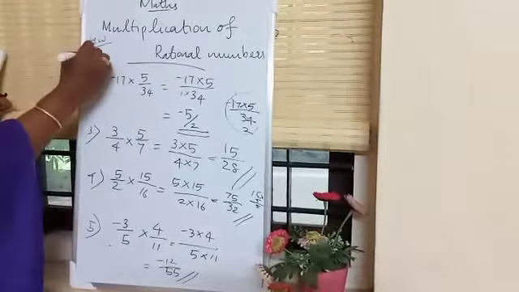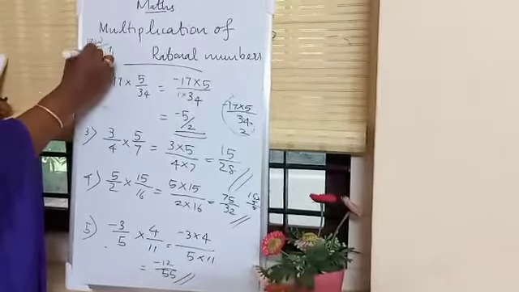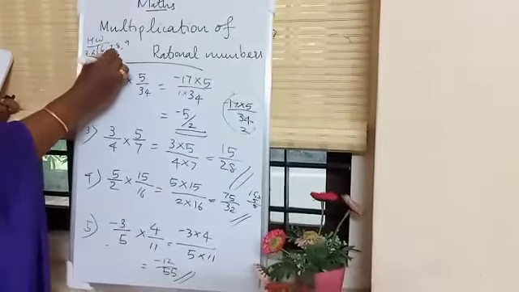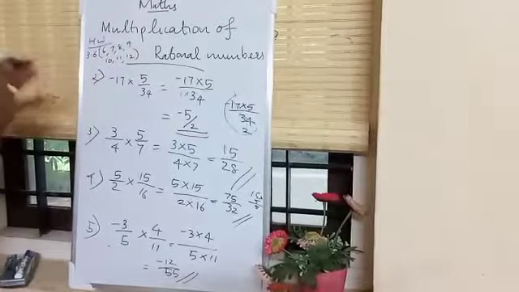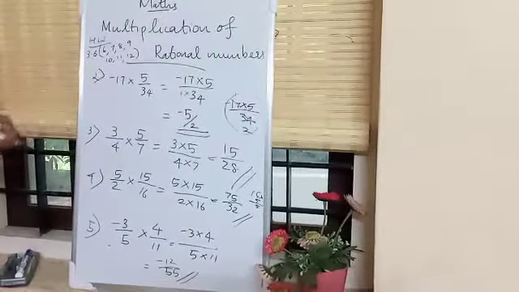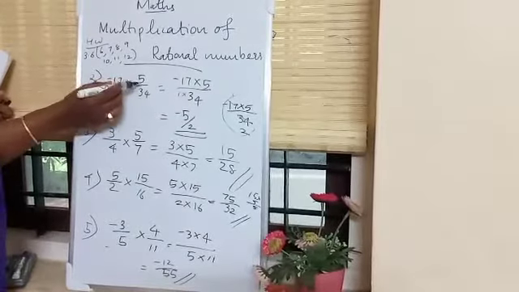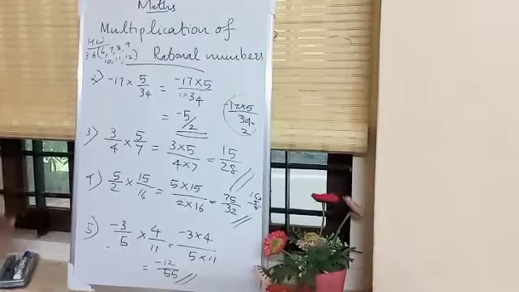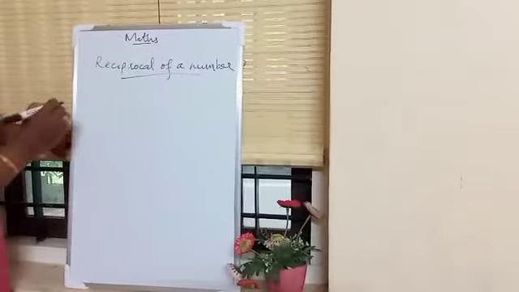Next homework questions are 6, 7, 8, 9, 10, 11, 12. Just multiply, and if you want, then simplify. Multiply the numerators by the multiplication of denominators. Clear?